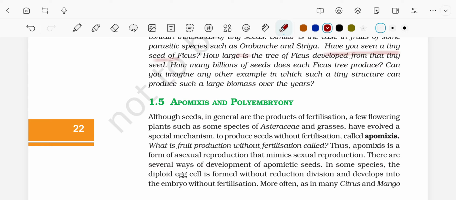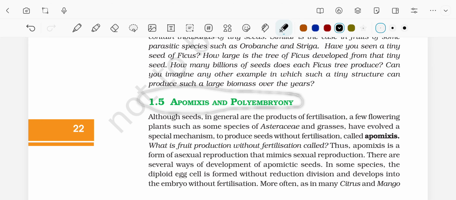How large is the tree of Ficus developed from that tiny seed? However, how many billions of seeds does each Ficus tree produce? Can you imagine any other example in which such a tiny structure can produce such a large biomass over the years?